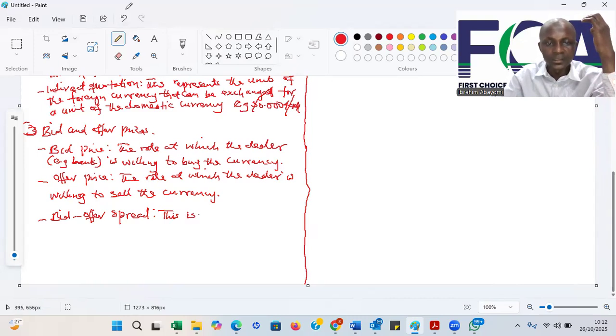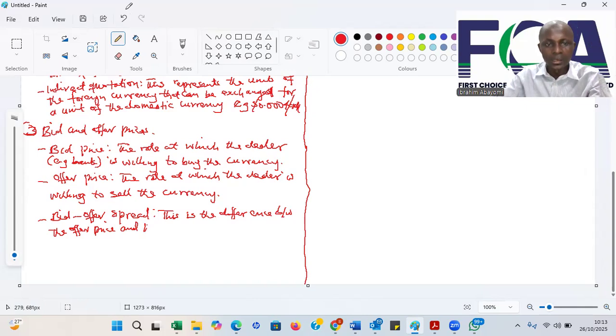This is the difference between the offer price and the bid price.